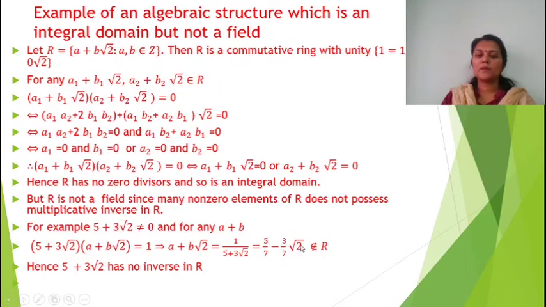The numerator is 5 minus 3 root 2, and the denominator is (5 plus 3 root 2)(5 minus 3 root 2), which is equal to 5 square minus (3 root 2) square, 25 minus 9 into 2, 18, 25 minus 18, 7. So the denominator is 7. So 5 by 7 minus 3 by 7 root 2 is not an element of R, since 5 by 7 and 3 by 7 are not elements of Z. So 5 plus 3 root 2 has no inverse in R.